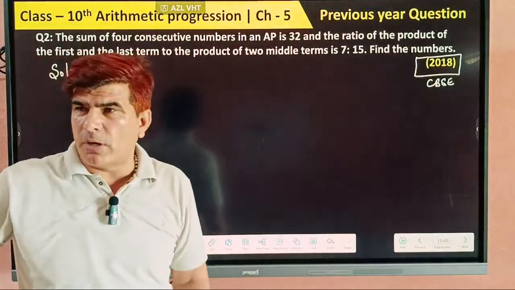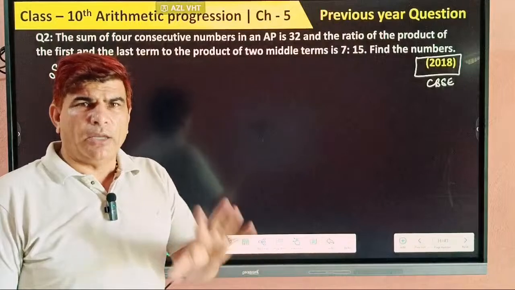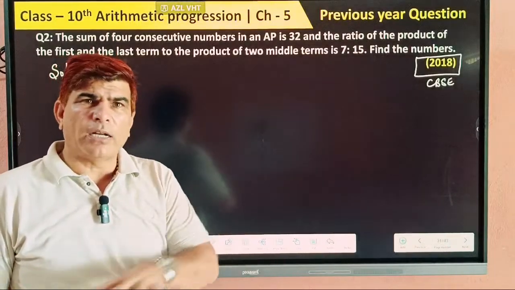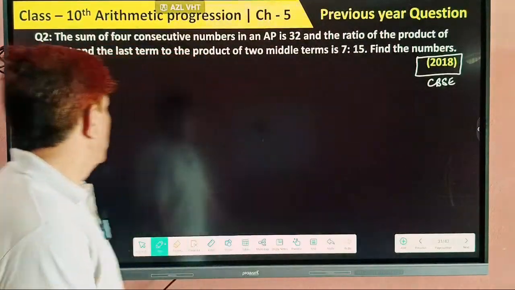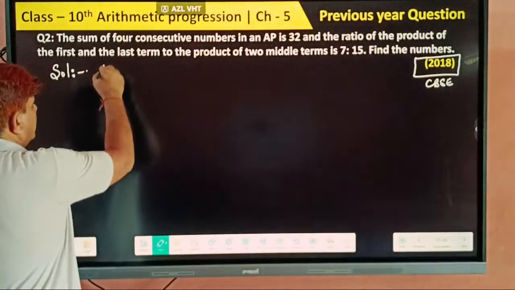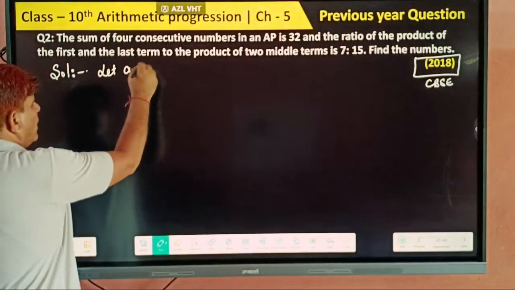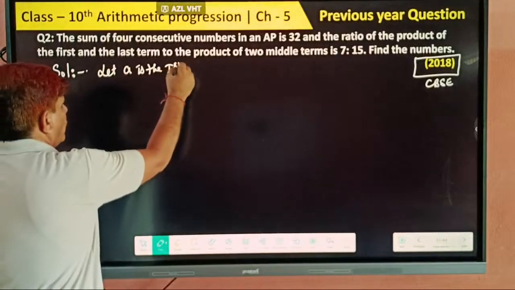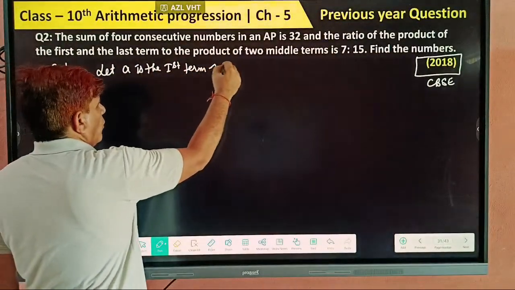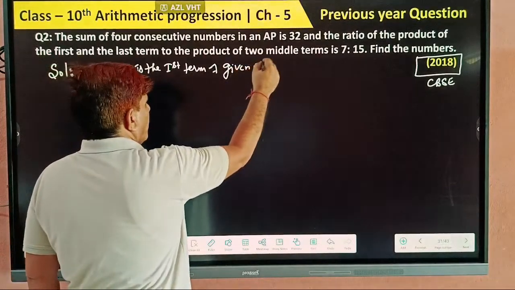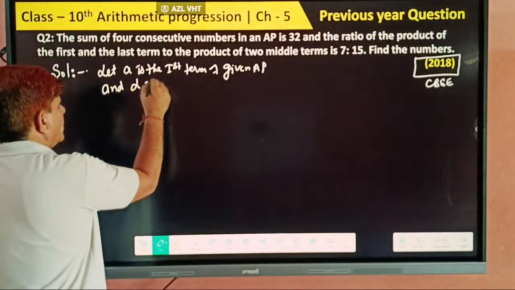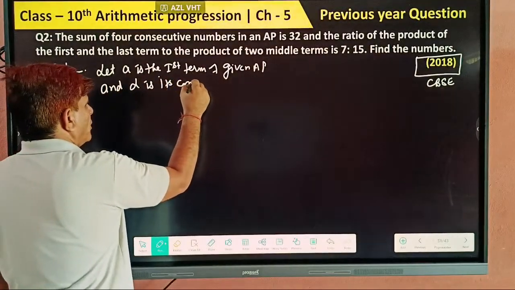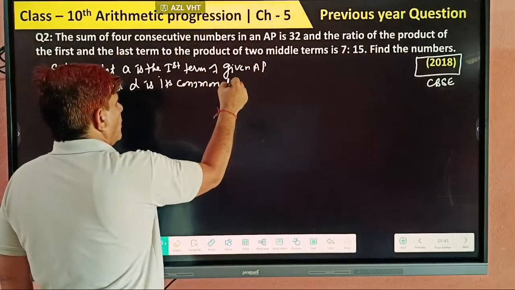So it says the sum of 4 consecutive numbers in an AP. It means the AP is given, but 4 terms are consecutive, meaning side by side. So first we assume, let A be the first term of the given AP and D its common difference.